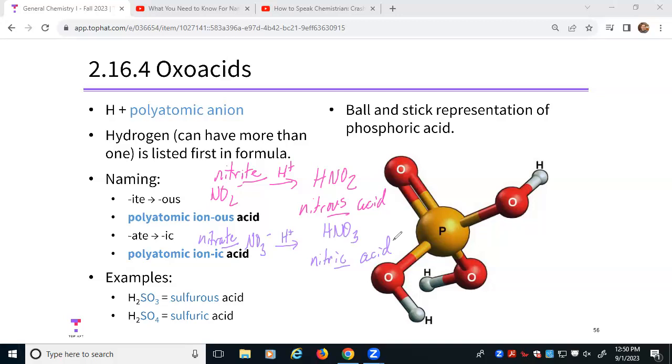So permanganate we just talked about, throw a hydrogen on there, and it's permanganic acid. Hypochlorite ion, OCl negative 1. Throw a hydrogen on that, and it becomes hypochlorous acid. The only thing that changes is the ending. We take the polyatomic ion ending, and we fix it to match acids.